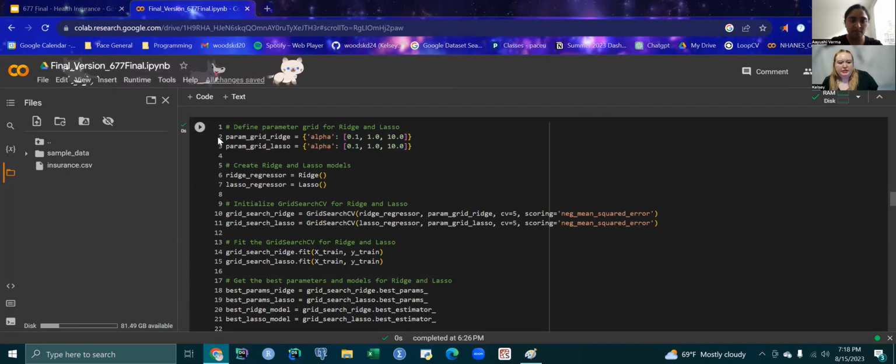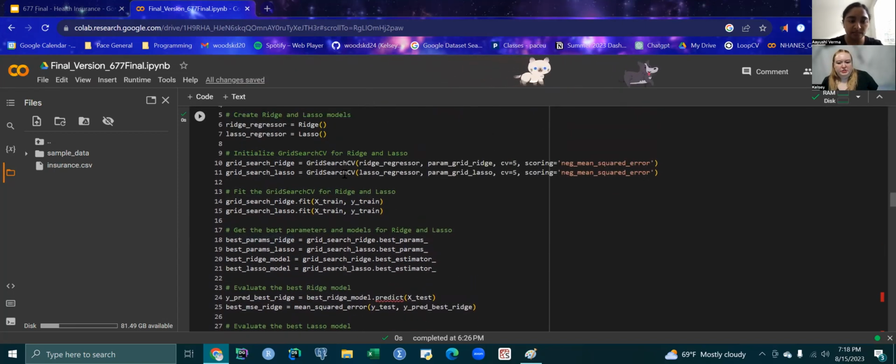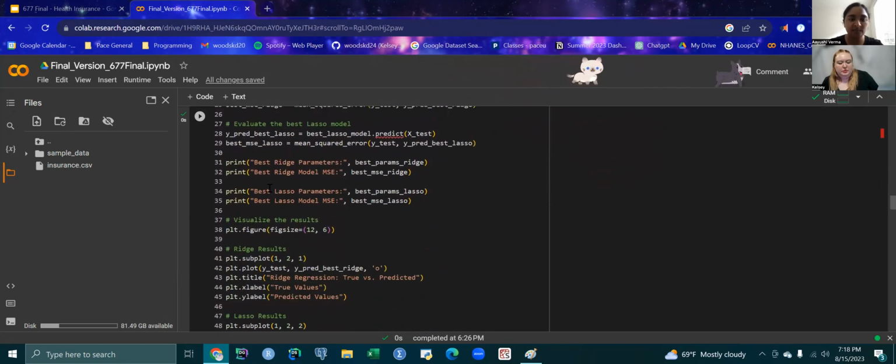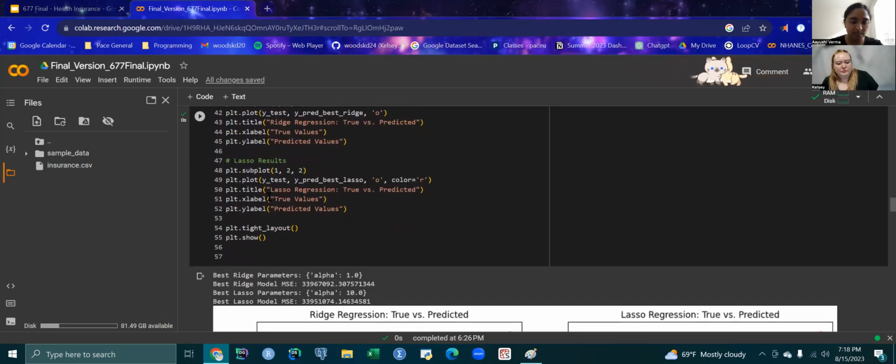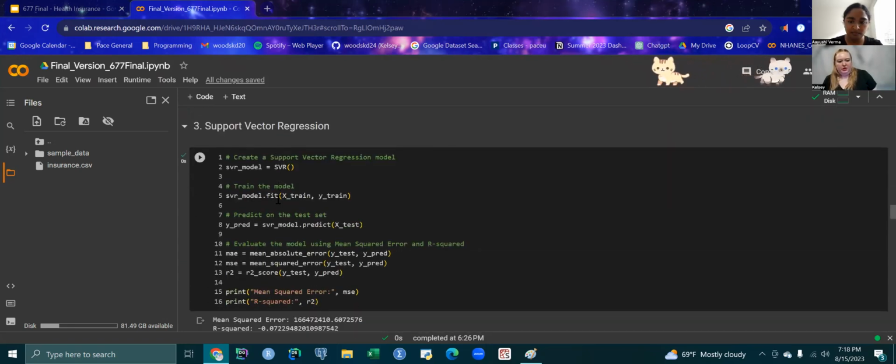We also defined the parameter grid for ridge and lasso, which we did a grid search for to find the best parameters in the model, which we went over earlier.